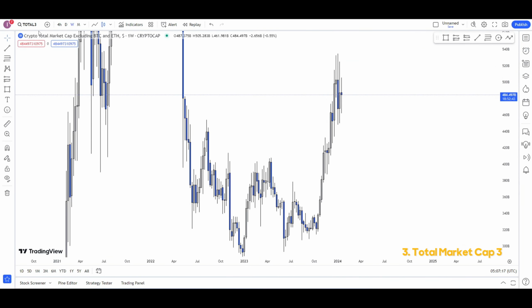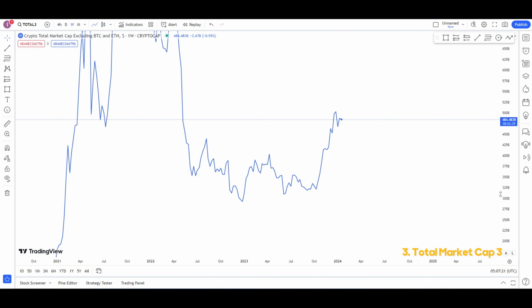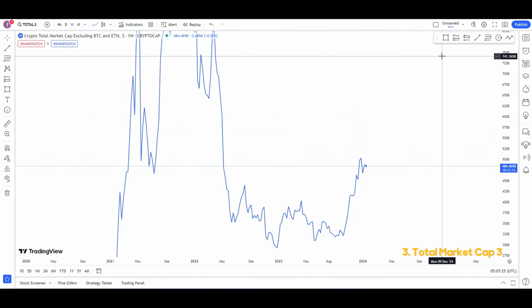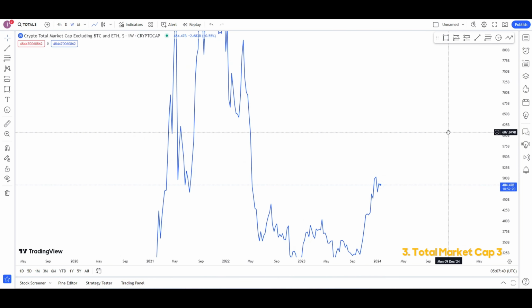So we go to total market cap number 3, which represents altcoins, excluding Bitcoin and Ethereum. Now we will do the same thing for total market cap 3.